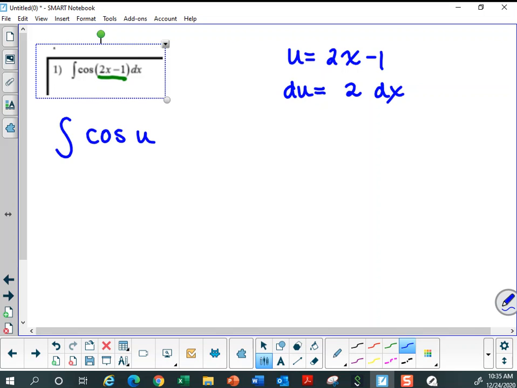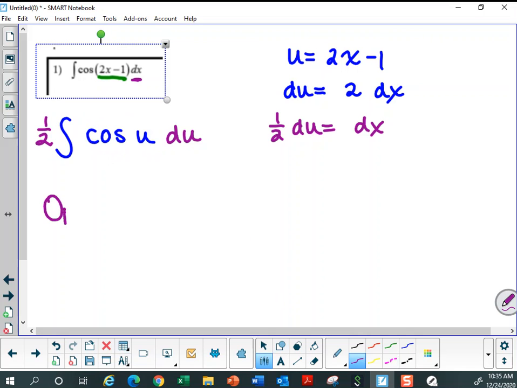The only problem is I don't have 2 dx, I just have dx. But we know how to deal with extra constants. And so the substitution will look like that. So one type of u substitution with trig is about making it the trig function of something simple.